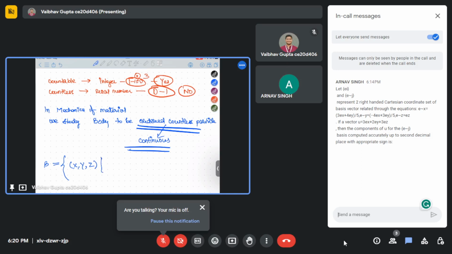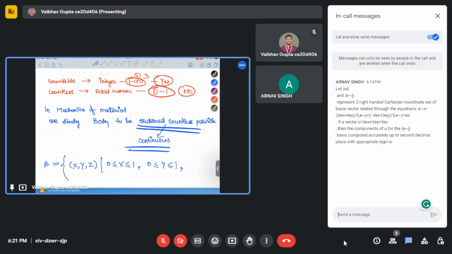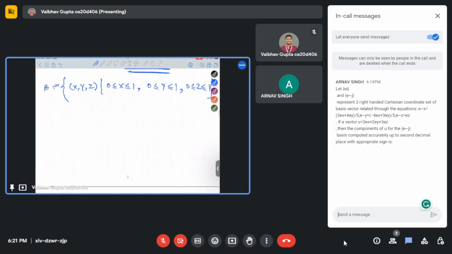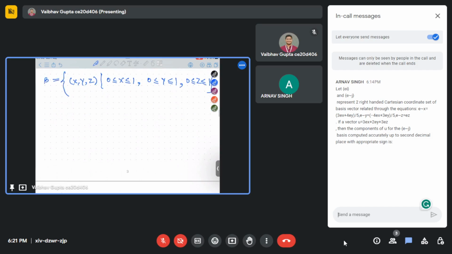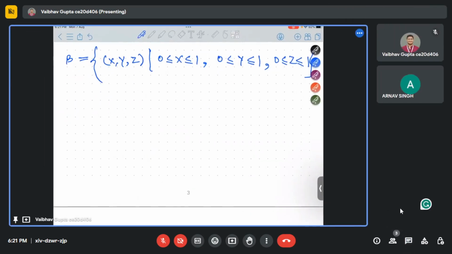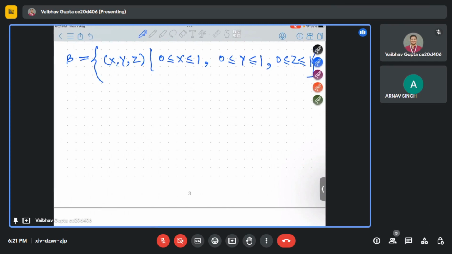So suppose I say the body is made by XYZ in which X varies from 0 to 1, Y varies from 0 to 1, and Z varies from 0 to 1. So what does it mean? We'll draw a cube.